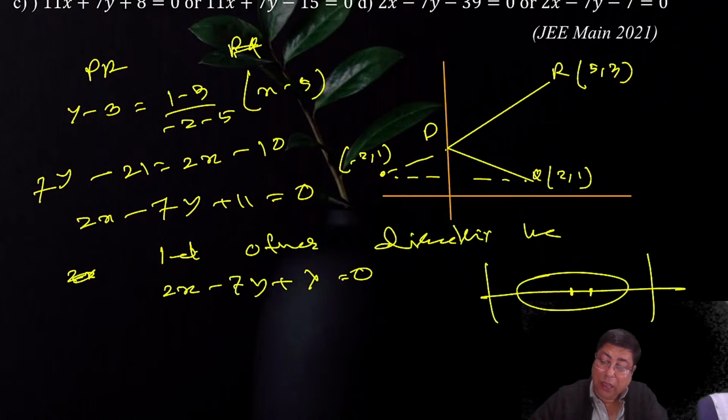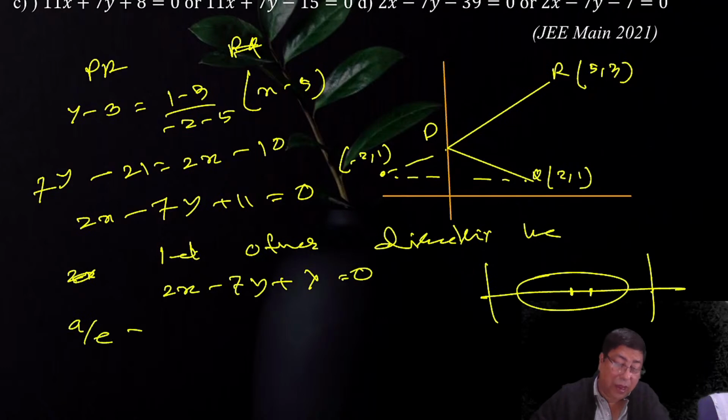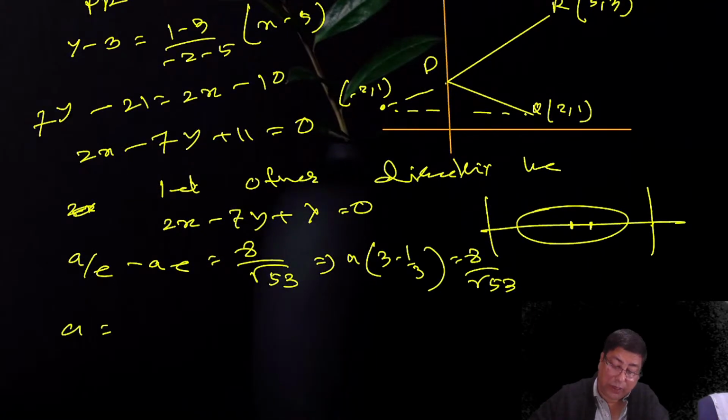Center, foci, directrix. Foci is at A E, and distance from center to the directrix is A by E. Therefore, we can say A by E minus AE equal to 8 by root over 53. Therefore, A into 3 minus 1/3 equal to 8 by root over 53. Therefore, A equal to 3 by root over 53.